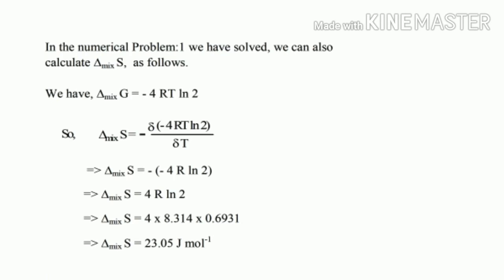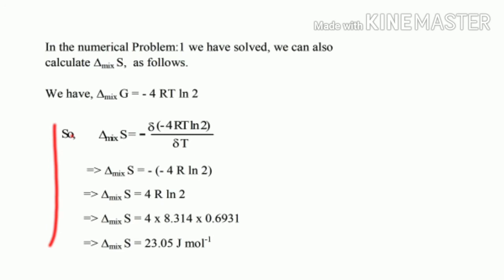In numerical problem 1, which we solved a few minutes ago, we can also calculate the value of ΔS_mix as follows. We have ΔG_mix = −4RT ln 2. From this we can write ΔS_mix = −∂(ΔG_mix)/∂T, which gives ΔS_mix = 4R ln 2.